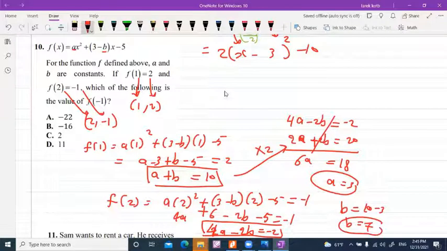After that, you want to get f(-1). So you have to rewrite the equation again using the a and b. It's a long problem.